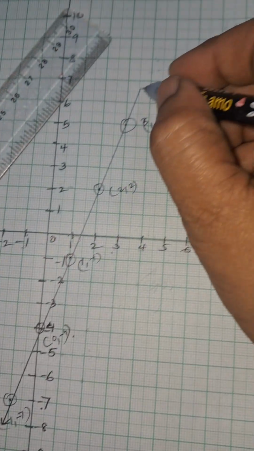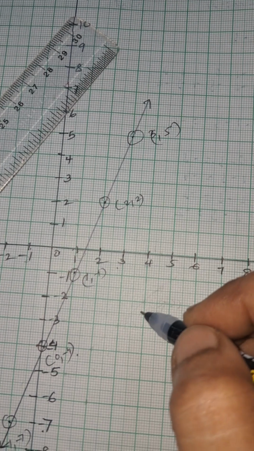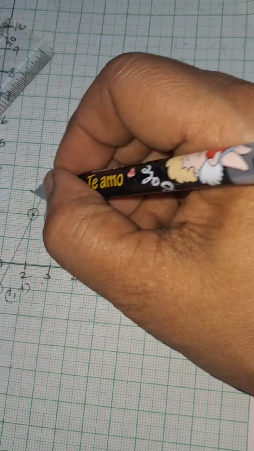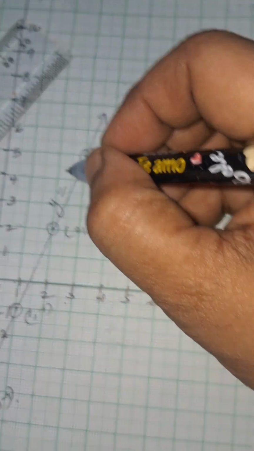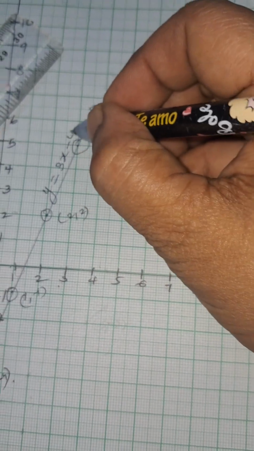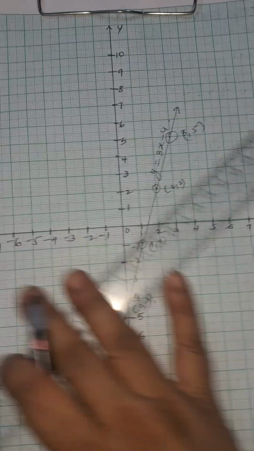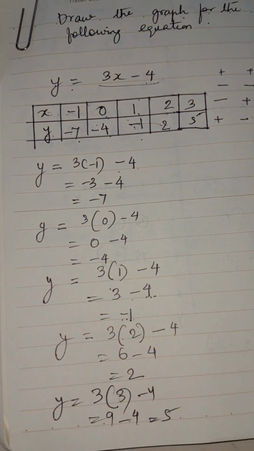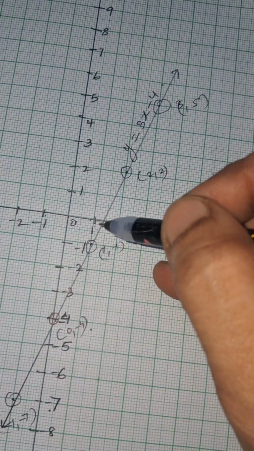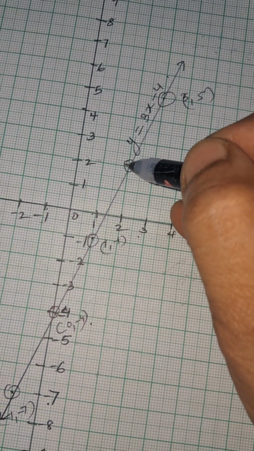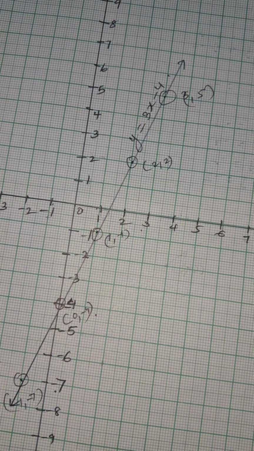This is the way in which I'll draw a line, and then I'll also write the equation: y is equal to 3x minus 4, and this is the solution line. This is the graph that I have for this sum, which means at any value of x, that is the respective value for y. Thank you.